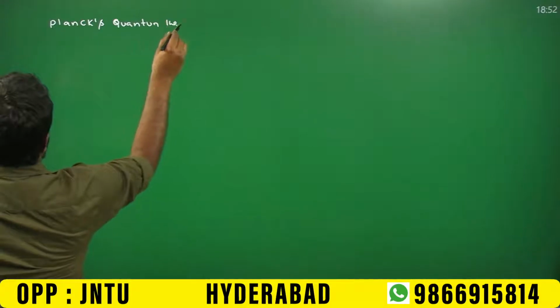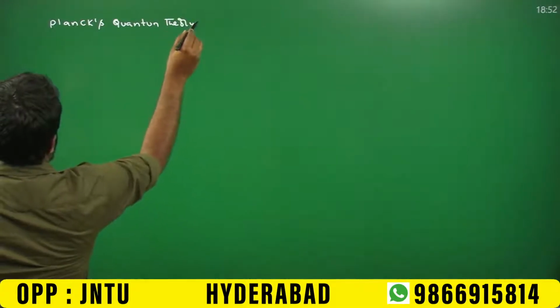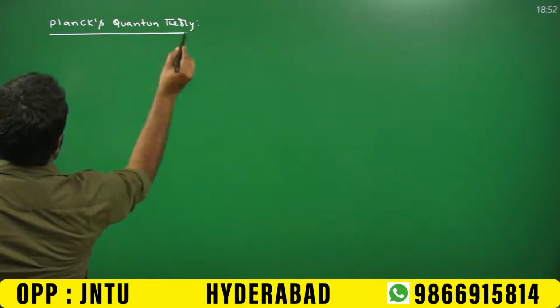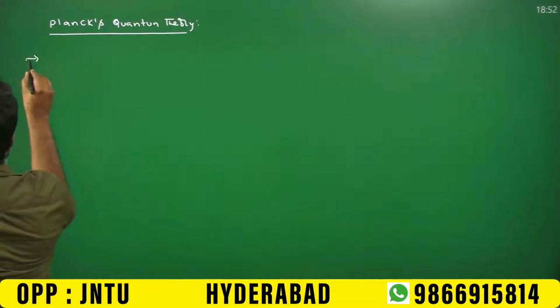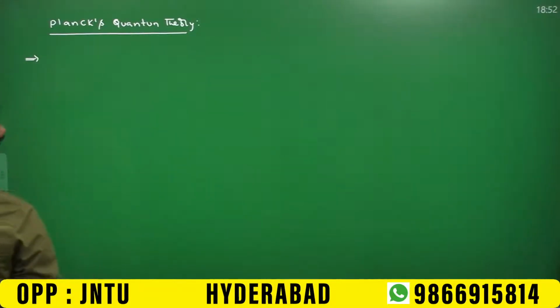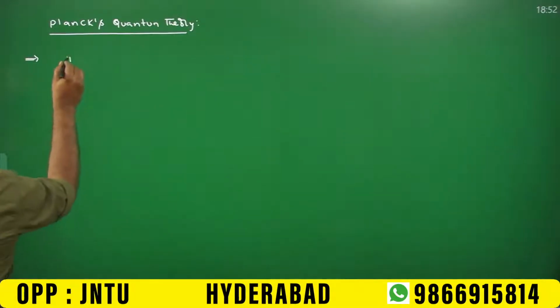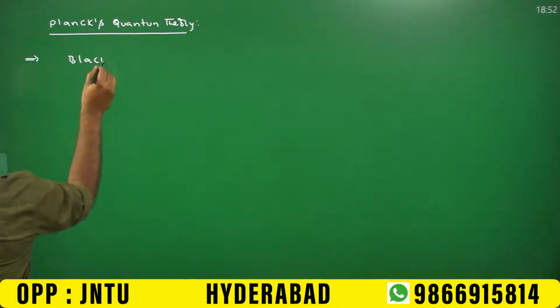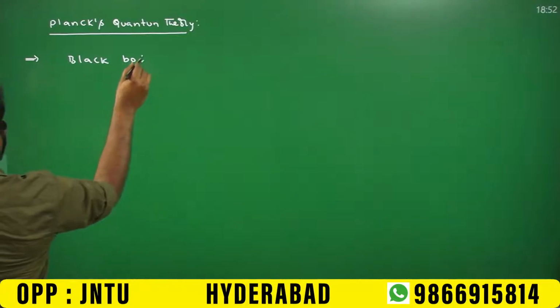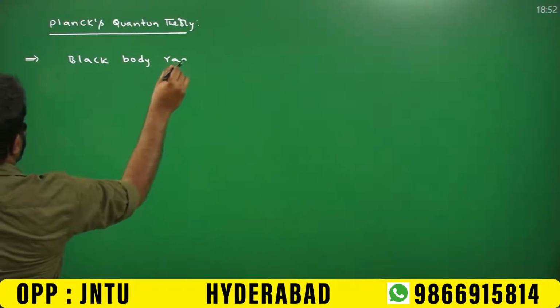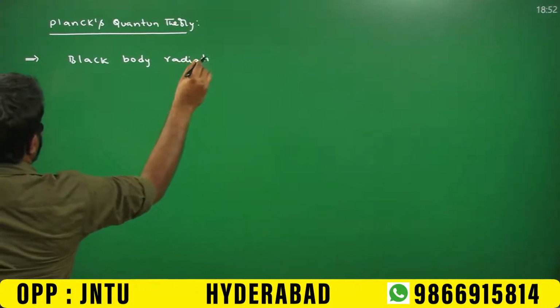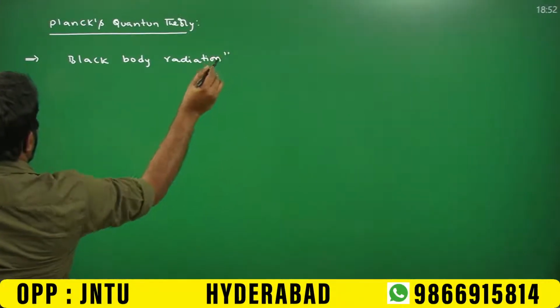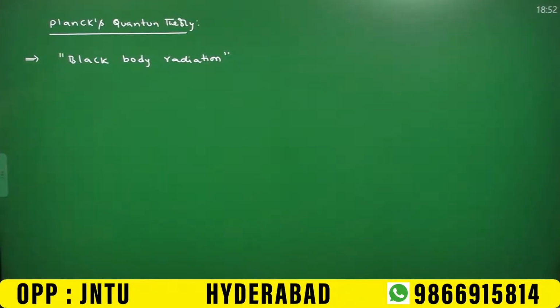What is Planck's quantum theory, and what kind of radiation did he observe? The radiation he observed was black body radiation. So what is a black body?